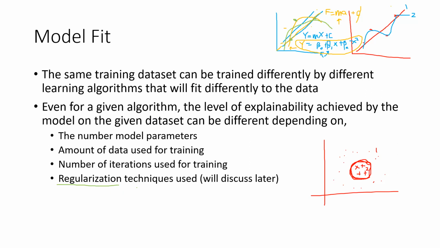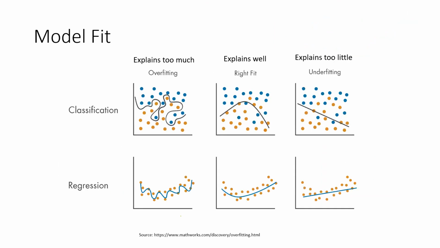If it is applied, it can also change how much the model fits your data points, right? We will discuss it later. So this is actually what we mean by model fit. If you haven't understood in the earlier slide, this is where you have to understand.